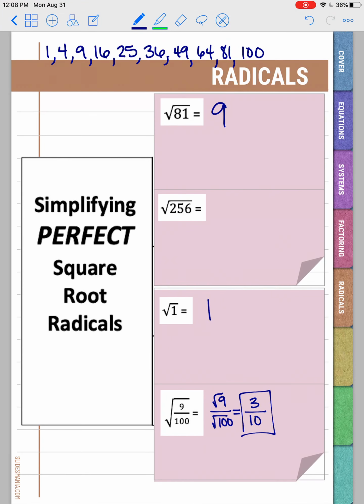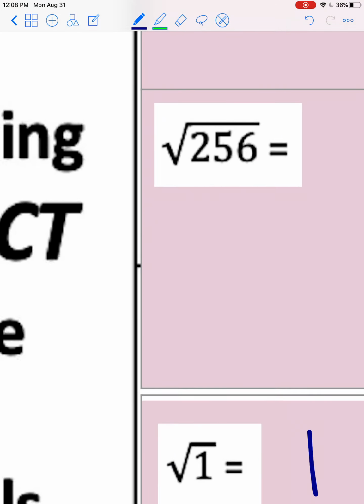Now, 256. It's on the perfect page, which means it is a perfect square, but it's not on our list, which means it's higher than 10. So if you're like, I don't know how high to go here, let's do our reducing radical trick, and I'm going to show you something here. So let's take 256 and let's divide it by 2.